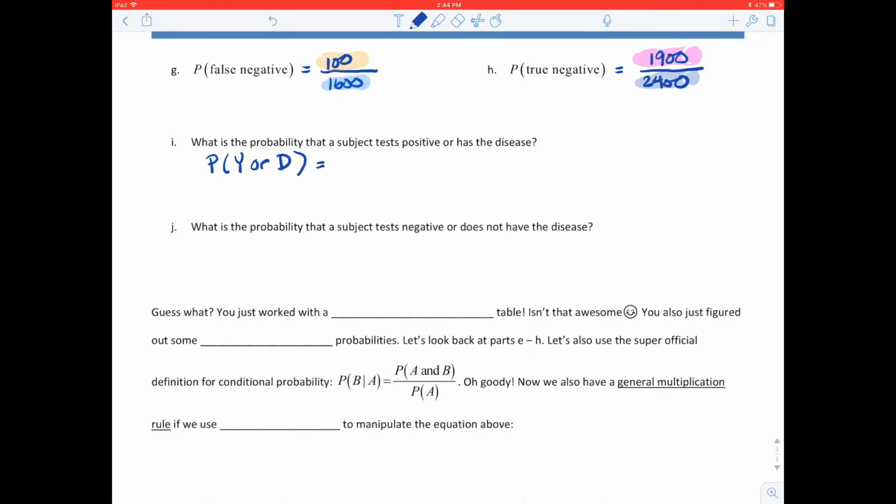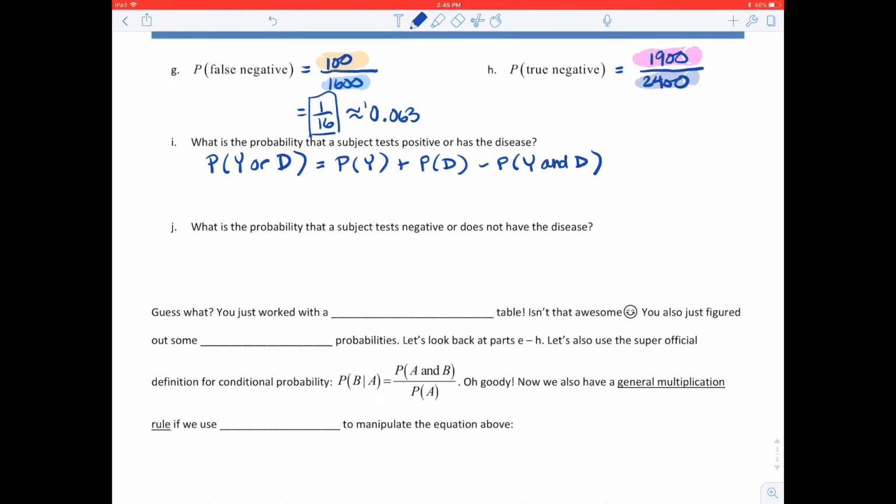And remember that that's going to be the probability that they test positive plus the probability that they have the disease minus the probability, because we don't want to double count, that they test positive and have the disease. So that would be that true positive reading, right? Oh, I'm sorry, I didn't reduce these. This would be 1/16, which was approximately 0.063.